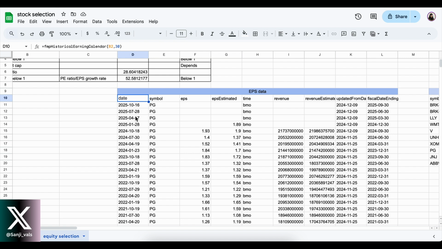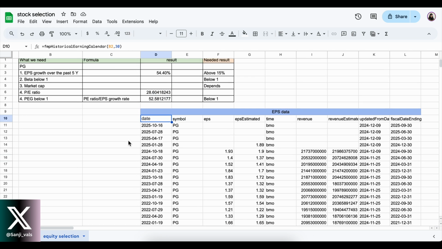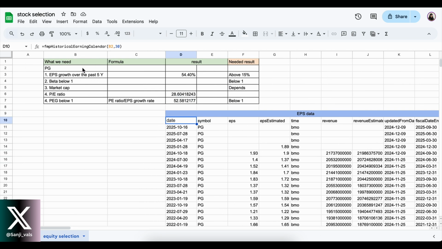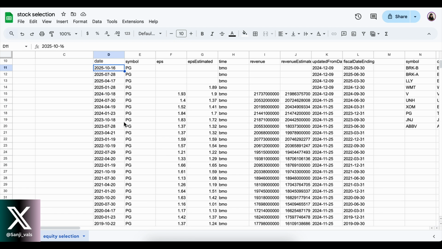And this data is published quarterly, and we are interested in obtaining 6 or 7-year data. That's why I put the period 30 here, because we extract for each quarter. And then B2 is the cell of our ticker. It's B2, as you can see, PNG. That's the stock ticker. Then I hit enter, and it is extracting the EPS data.